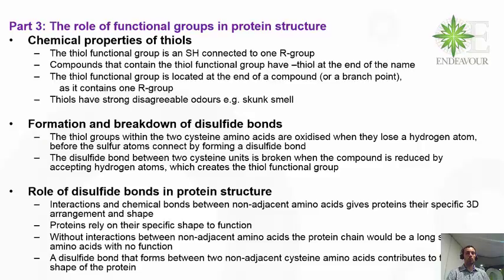And we also had a look at how we can either form or break down disulfide bonds. A thiol functional group can actually interact with another thiol functional group to create one of these disulfide bonds. For example, if you have two cysteine amino acids with the thiol functional group, if they each lose a hydrogen atom through an oxidation reaction, then the sulfurs can attach together via a covalent bond, which is actually the disulfide bond.